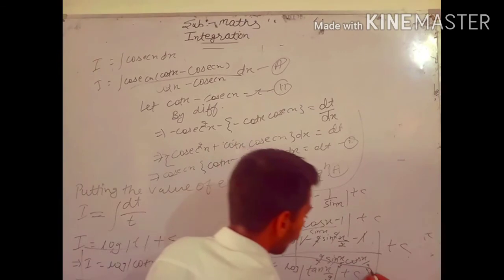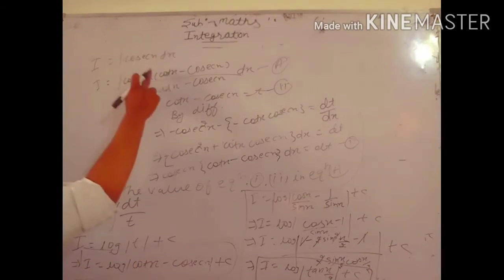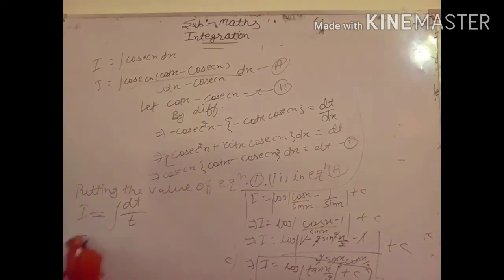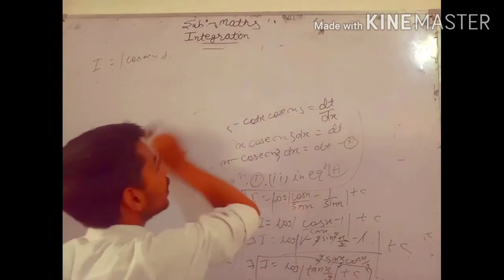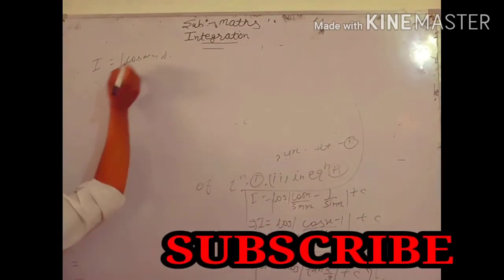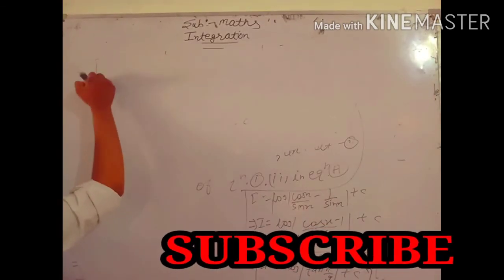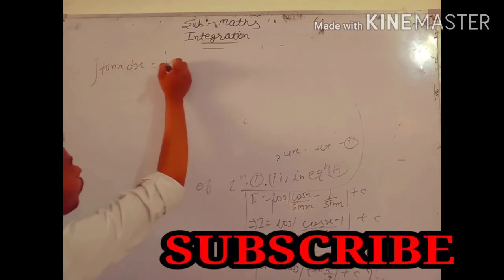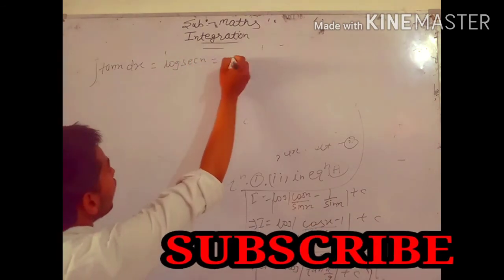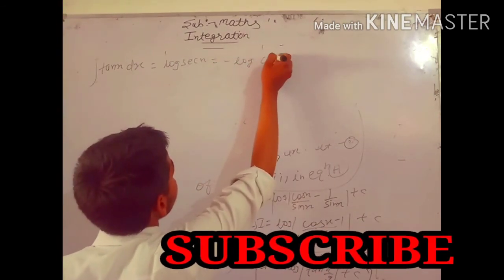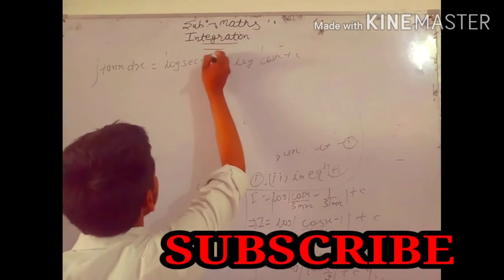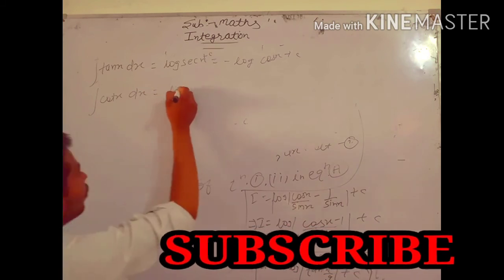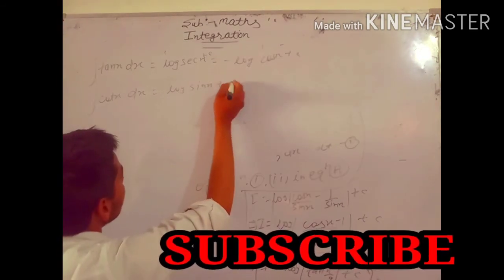So we have taken out the integration of cot x, cosec x, tan x and sec x. The integration of tan x with respect to x is equal to log sec x, which is equal to minus log cos x plus c. The integration of cot x with respect to x is equal to log sin x plus c.